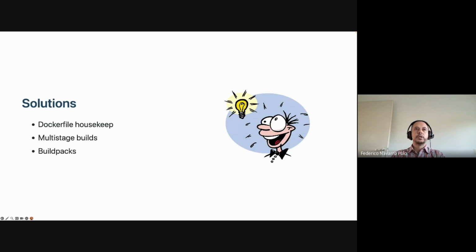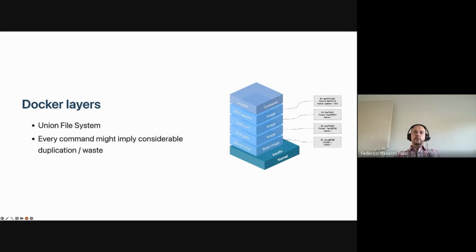Let's see. So before going into a small practical example, a little bit of theory about Docker. I'm not sure if you know, but Docker internally works with the so-called union file system.